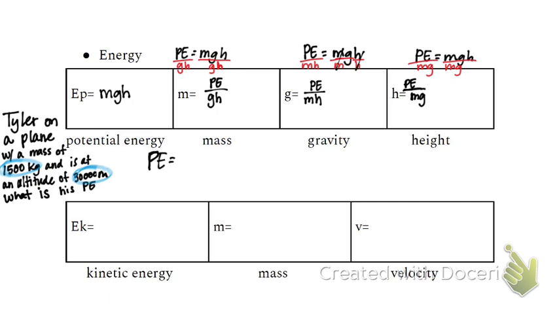The 9.8 for gravity. So we have mass is 1,500. Our gravity is always 9.8, and then our height, 30,000. Yes. So multiply those three things together, it's going to be huge.